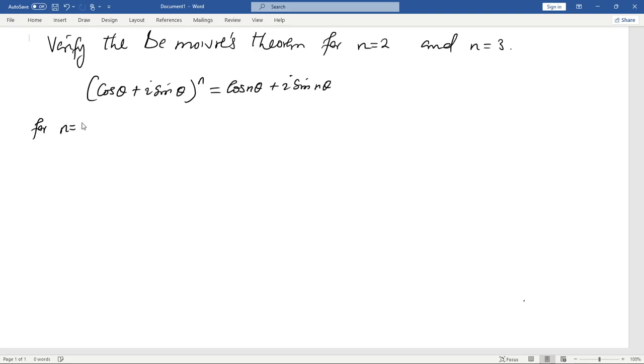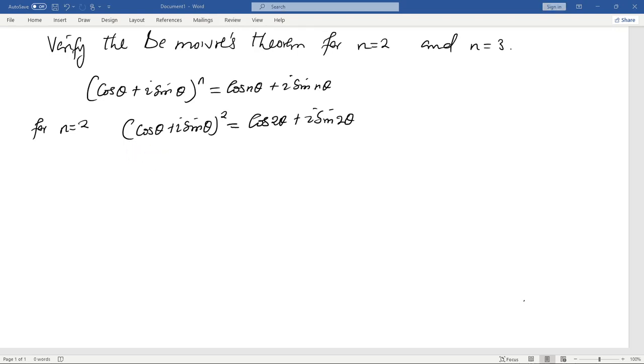So for n equals 2 here, we're simply saying (cos theta plus i sin theta) to the power 2 should give us cos 2 theta plus i sin 2 theta, like this here. Okay, so we evaluate the left hand side.